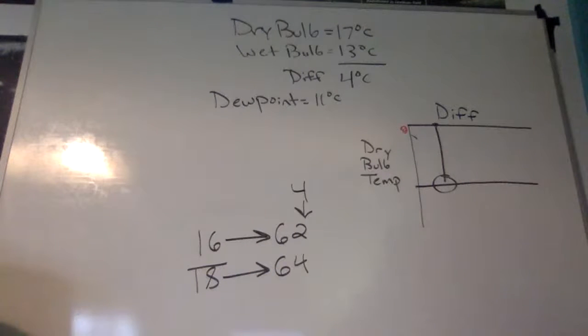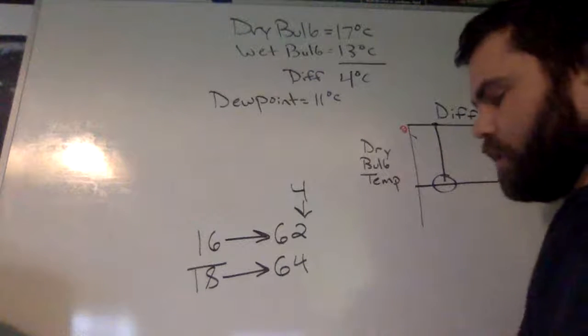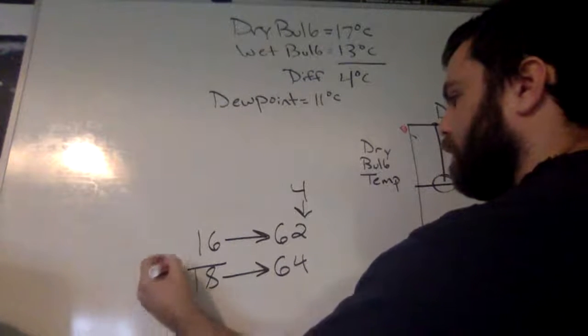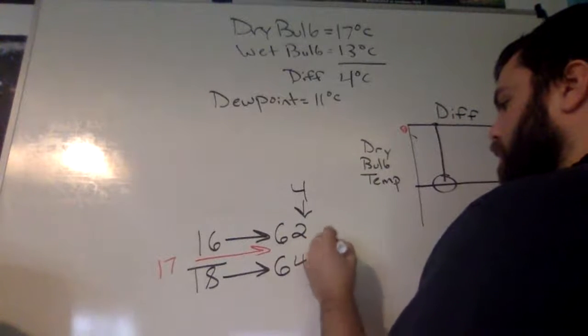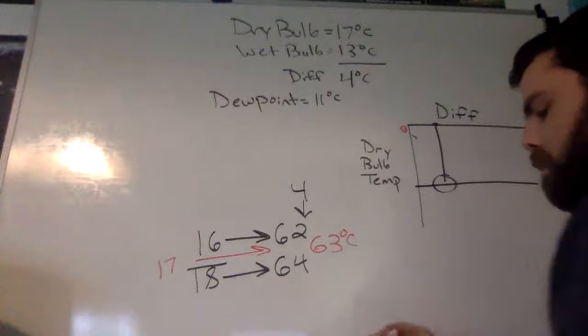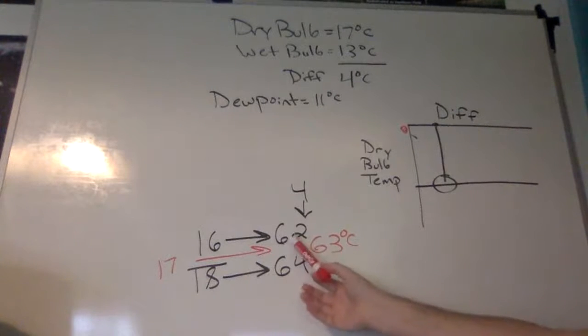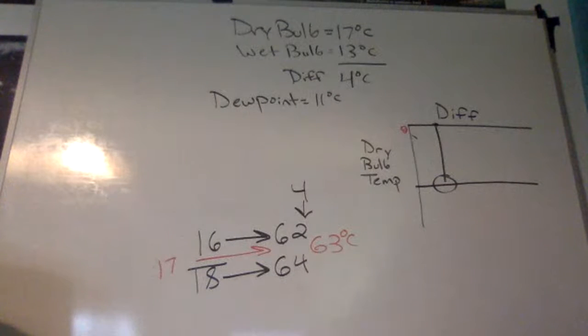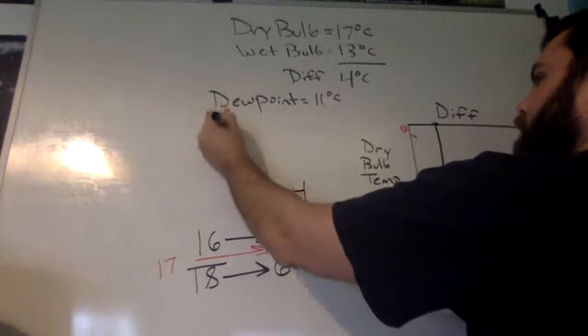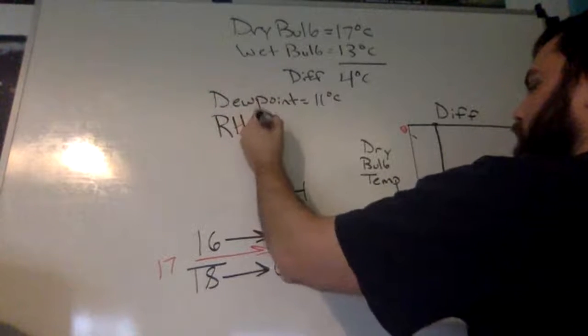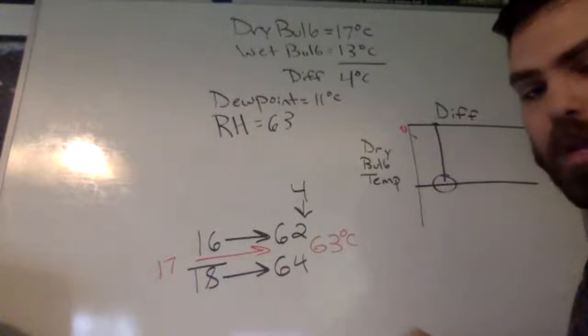Remember, we are looking for the dry bulb of 17, which is going to be inside of here. We go across, and the only number in between 62 and 64 is 63. So that's going to be our relative humidity equals 63. And I just made a mistake.